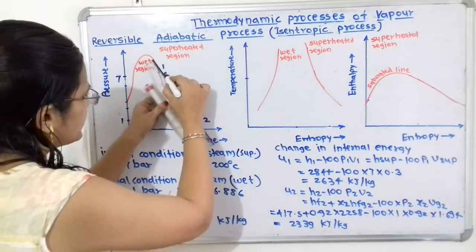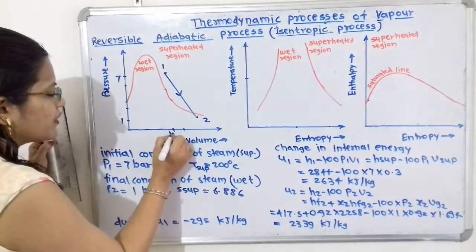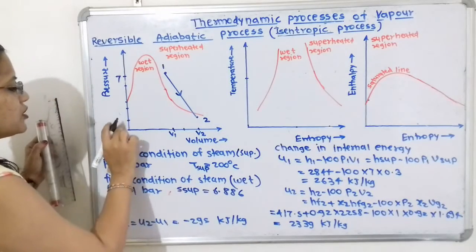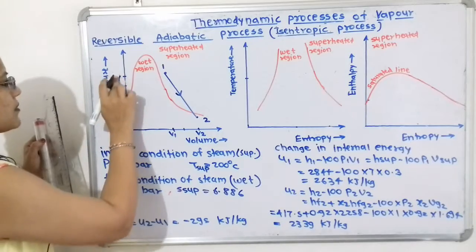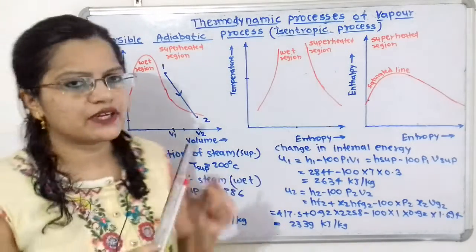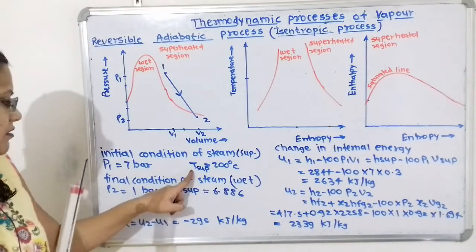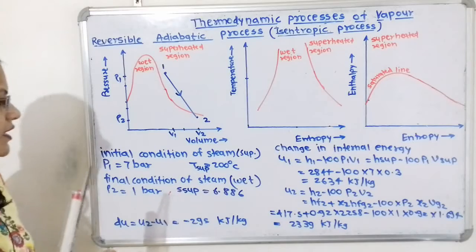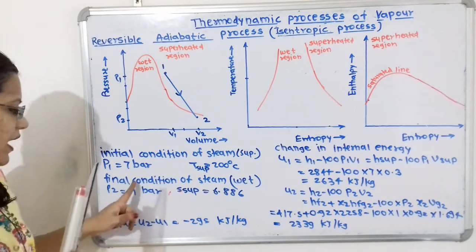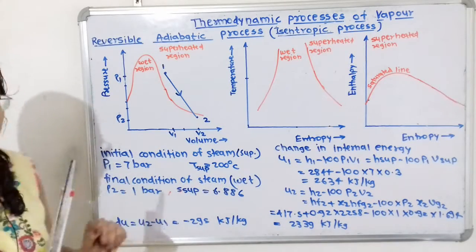Now I will join point 1 and 2. Now this is the volume V1 and here is the volume V2. In the same way, here is the pressure P2 and here is the pressure P1. Now we will show the temperature-entropy diagram. Here, T superheated, 200 degrees Celsius, is for the initial condition, and for the final condition of steam we have to take the pressure at 1 bar.